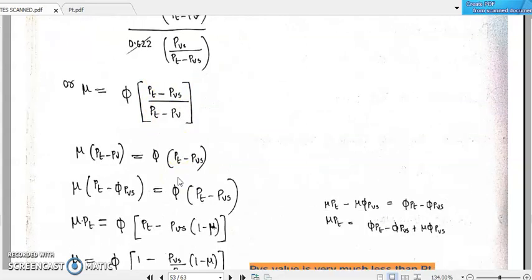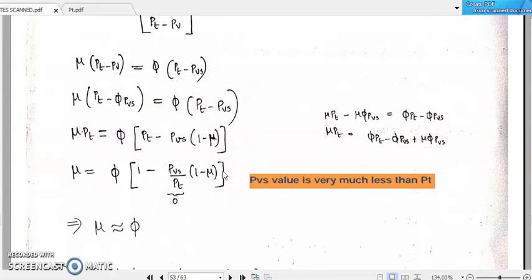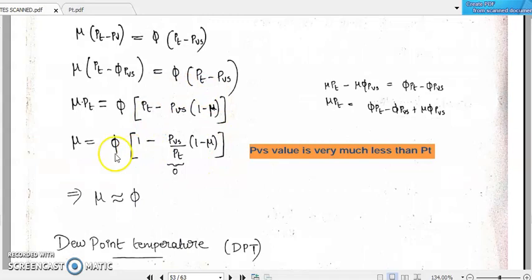Opening the brackets, mu times PT minus PV will be equal to phi times PT minus PVS, or mu times PT minus mu PV will be equal to phi times PT minus PVS. Simplifying this relation, mu will be equal to phi times, opening the brackets, 1 minus PVS by PT, times 1 minus mu.